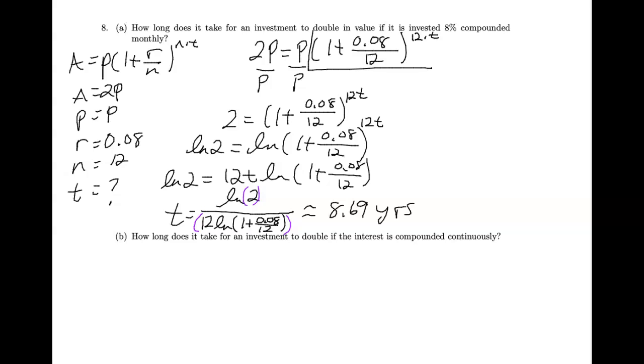Alright, so for part B, it is how long does it take for an investment to double if the interest is compounded continuously? Compounded continuously means we're using A equals P e to the rt. Again, when we list our parameters, we want to find the time.